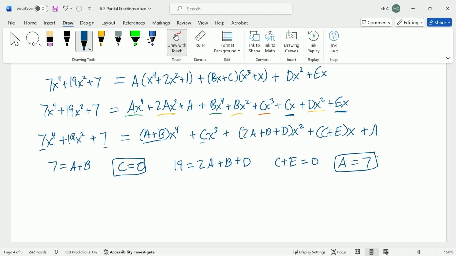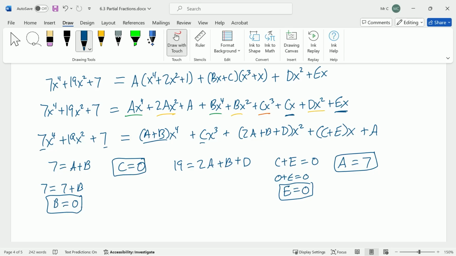So now we'll just look across and see what's easiest to solve here. So c is 0, so c plus e is 0 plus e equals 0, so e equals 0. So that's another nice one. a is 7, so I can plug that in over here. I get 7 equals 7 plus b, so b is 0. They don't all work out this nicely, but it does save a little bit of time.